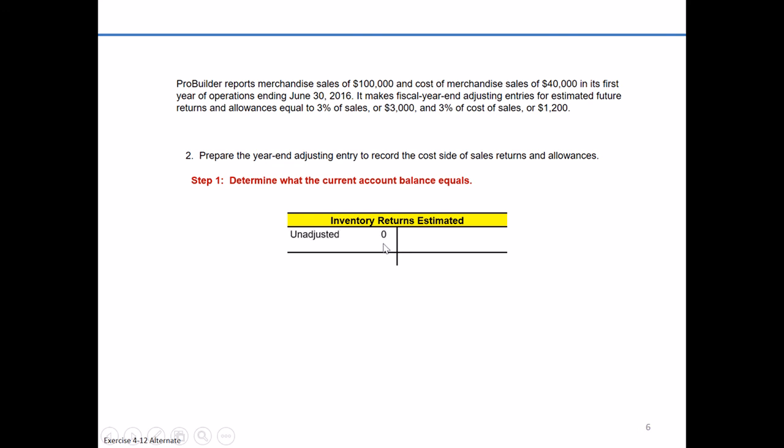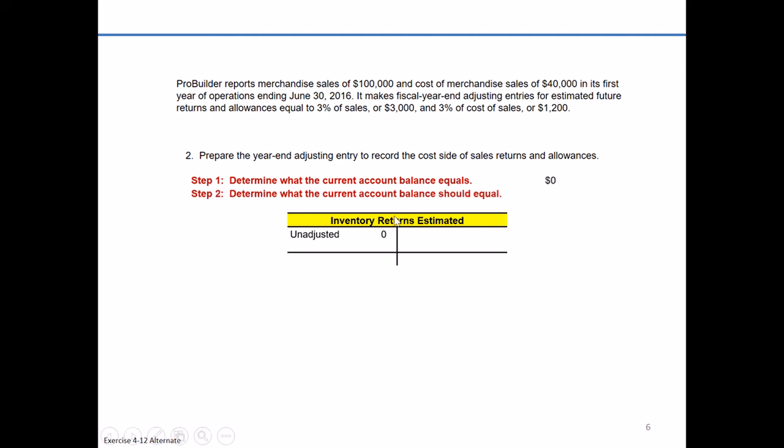In fact, it happens to be at a zero balance only because, again, this is its first year of operations. Inventory returns estimated is a current asset account. So as an asset account, it's going to have a normal debit balance. Again, it represents not inventory we have on hand, but inventory we expect to be returned from our customers. What balance do we want it to be?